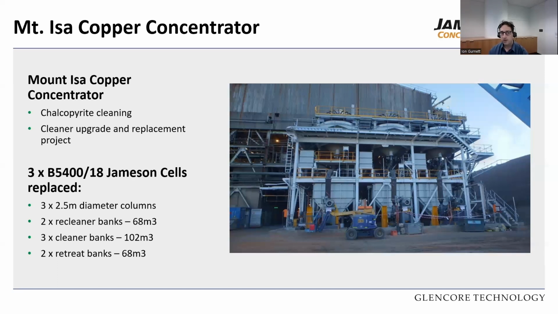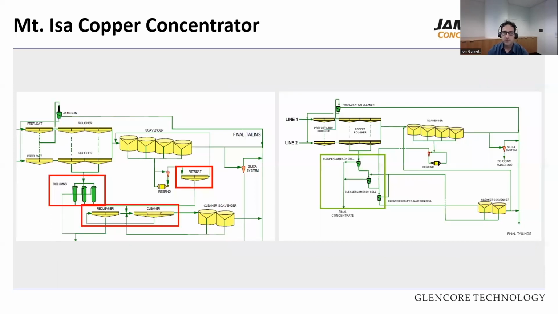These 3 Jameson cells replace 3 2.5 meter columns, 2 recleaner banks of about 68 cubes, 3 cleaning banks of 102 cubes, and 2 retreat banks of 68 meters cubed, which is a lot of volume, as you can see. We've replaced what we've highlighted in red with what we have in green.